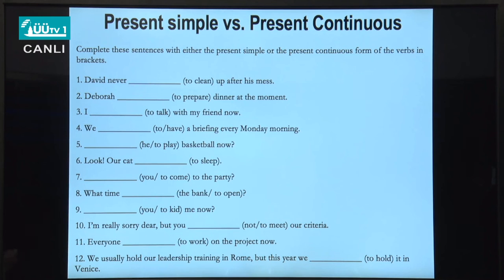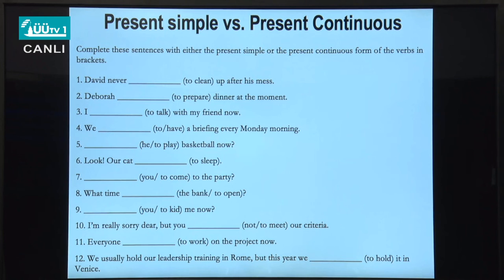I'm really sorry, dear, but you do not meet our criteria. Everyone, again you see now here, so it should be everyone is working on the project now.